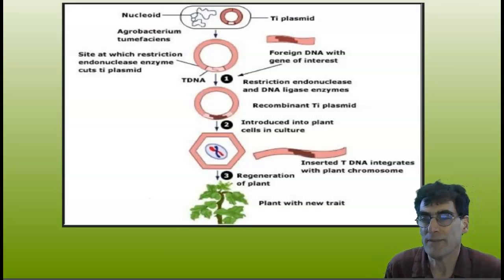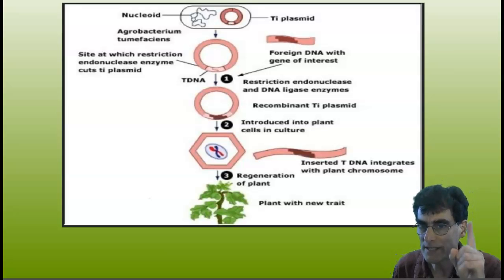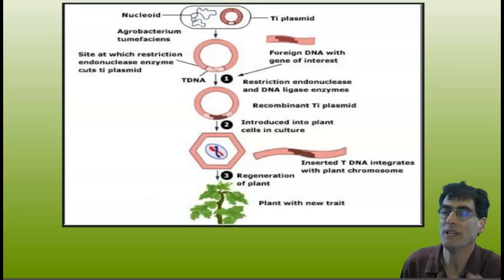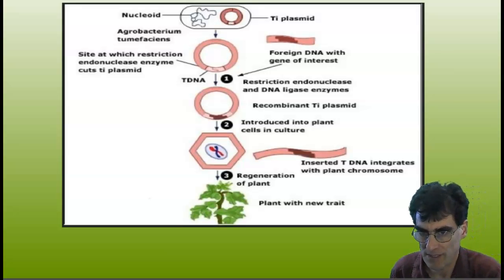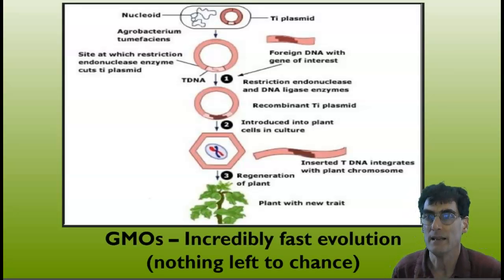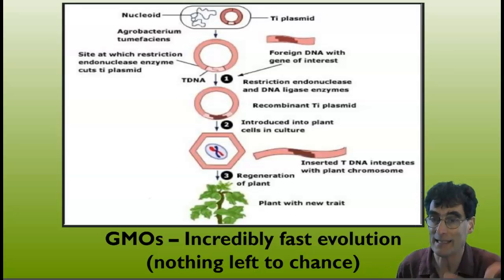A genetically modified organism means you take one gene or one small set of genes from one organism and you put it into another organism. This is never going to happen in nature by itself because it takes a lot of technology. But when you do that, you're adding genes. And so it's incredibly rapid evolution. And it's not anything to do with chance because you're designing the new species and you're putting in a trait.